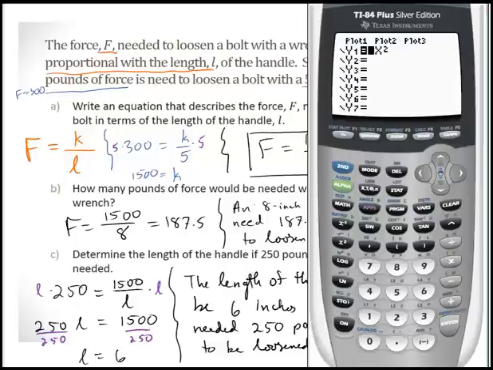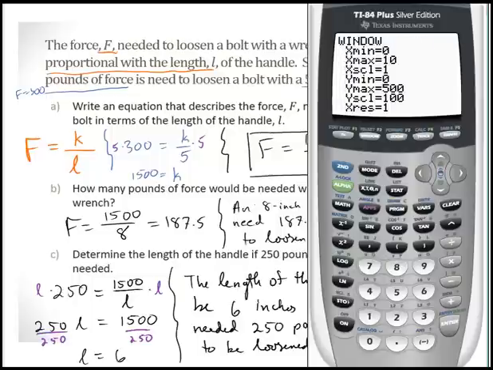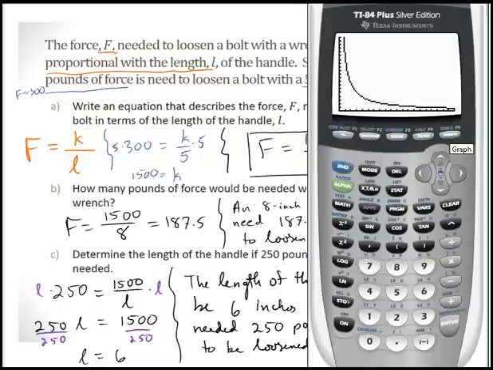So if I graph y equals 1,500 over x, let me use the window 0 to 20 on the x's, so 0 inches to 20 inches, and let's go from 0 to 2,000 on the y's, with a scale of hundreds. Notice that this does appear to be a transformation of y equals 1 over x, where we're only looking at values of x greater than 0.